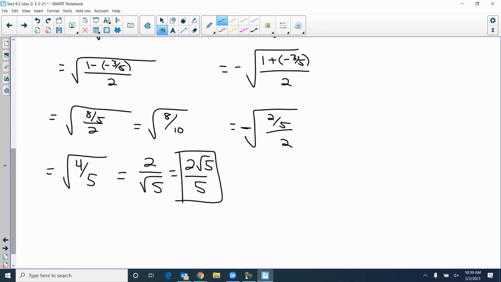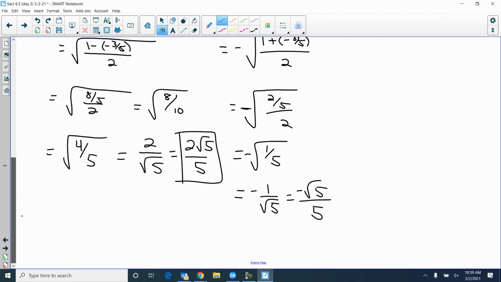So it's negative square root of 1/5. Square root of 1 is 1. And that's where we end up with negative radical 5 over 5. So that's what we get for the cosine of the half angle. Negative square root of 5 over 5.